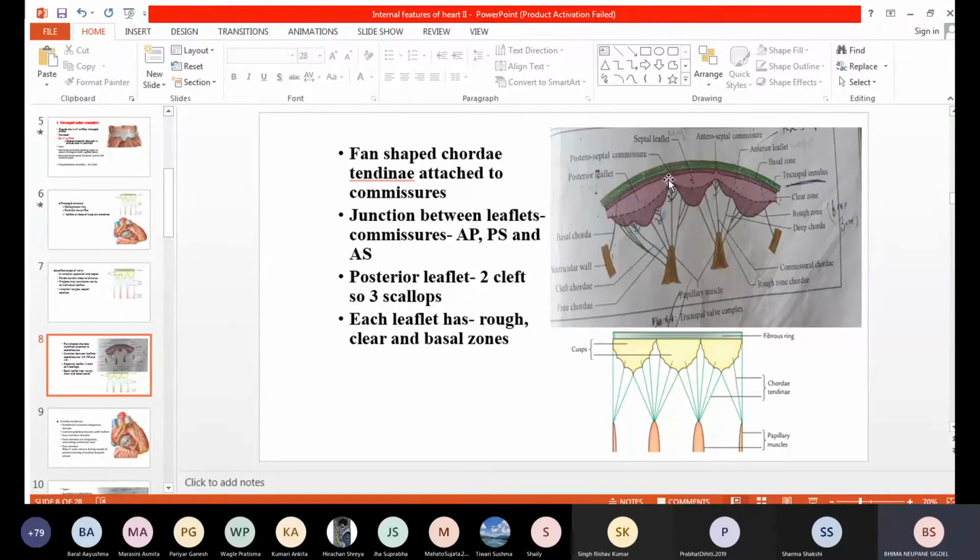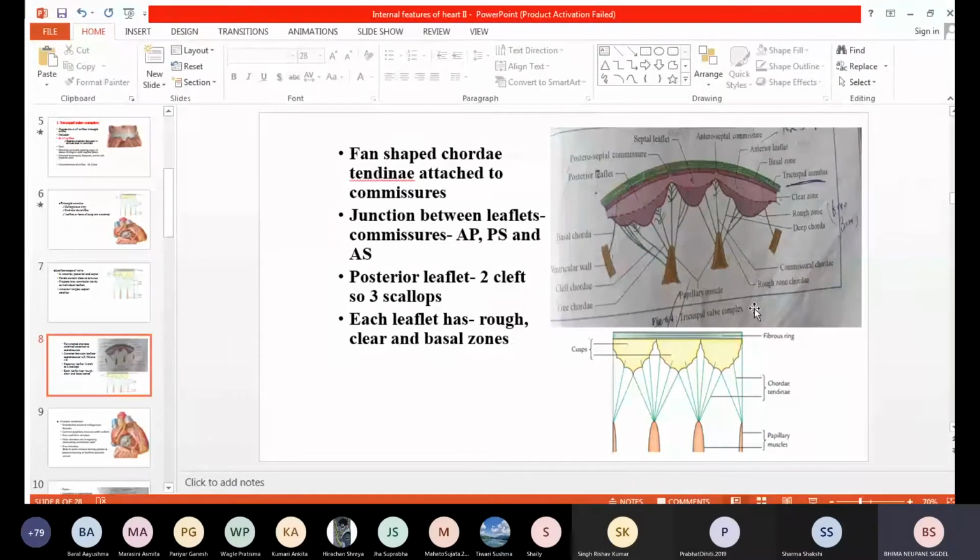In between the junction you can see the posterior leaflet and anterior leaflet; this is the commissure. You can mention the anteroposterior commissure in between the anterior and the posterior leaflet.